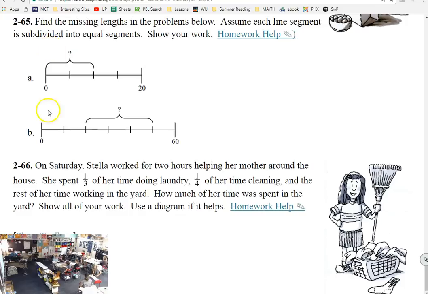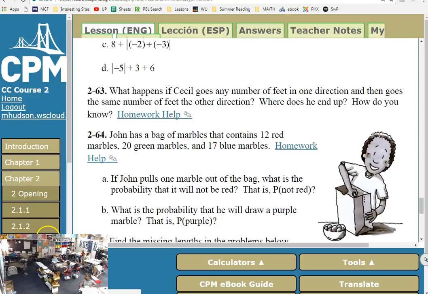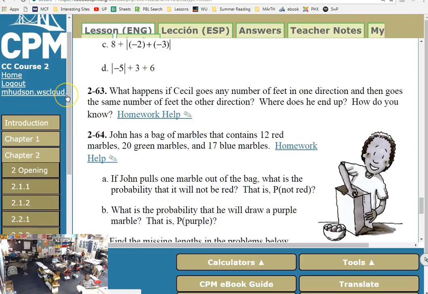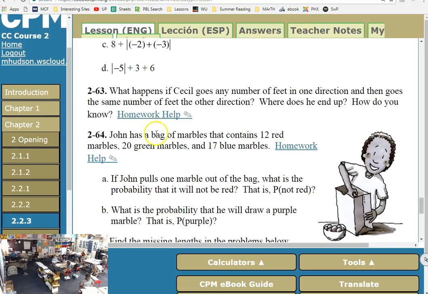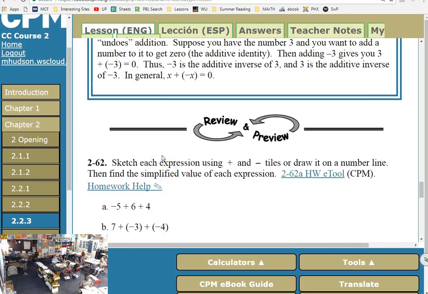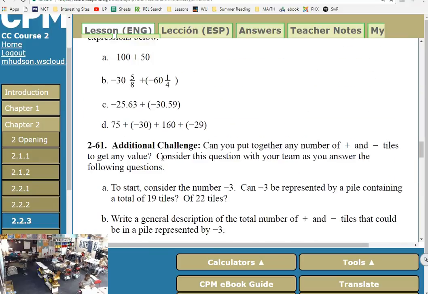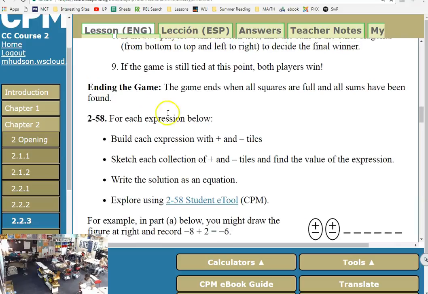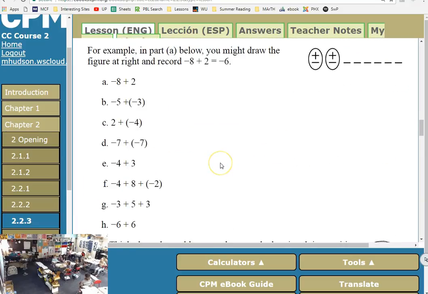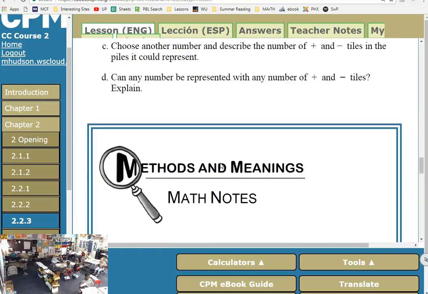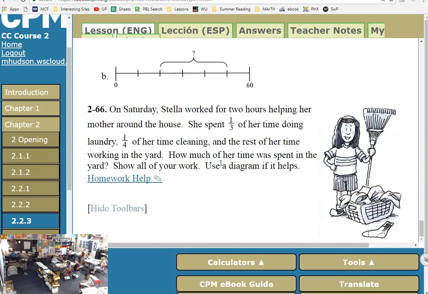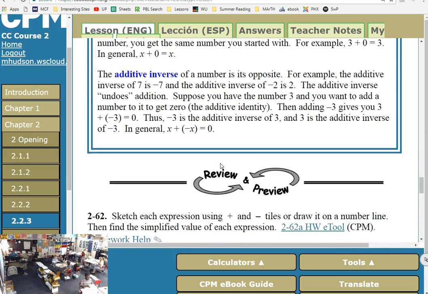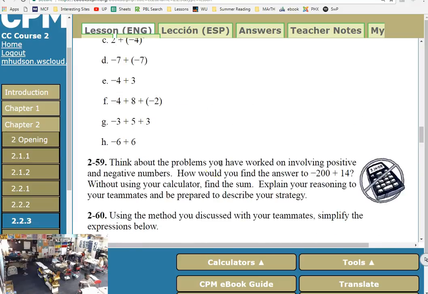Say, we went over every single homework they should have had, and I gave them time to ask questions. Yeah? Oh, I'm sorry. We had 58 through 60. That was probably lesson work. We were answering these questions during the lesson. Oh, okay. Yeah, the homework was 62 through 66. So if those are in your math journal, that's just because we did them in class.